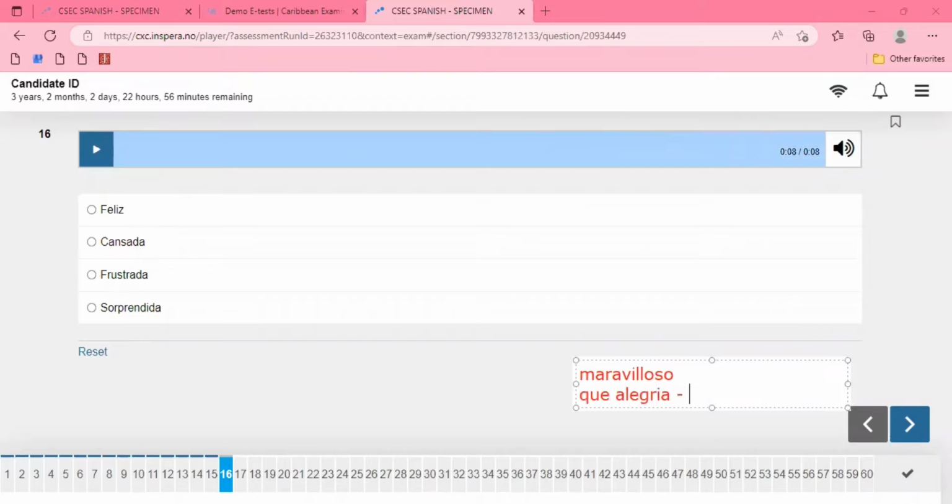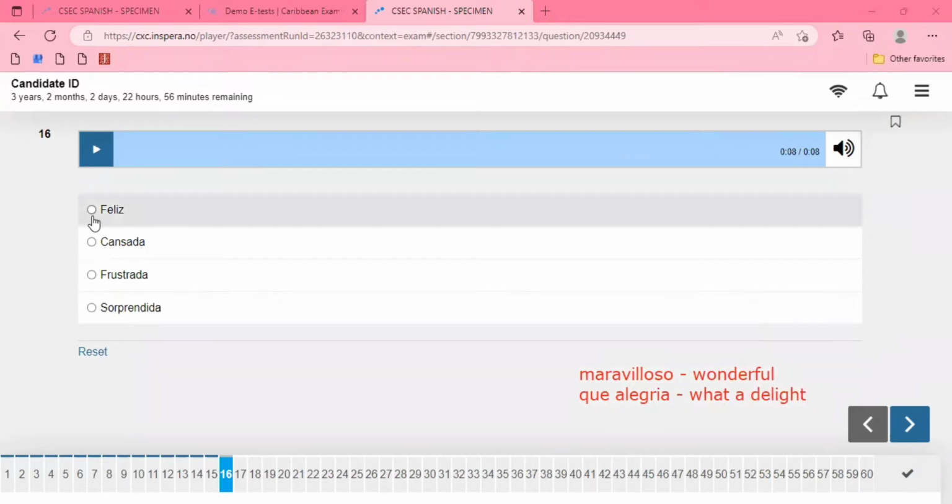All right. So someone is describing how their day went, and they used the word maravilloso. At the end, they said qué alegría, which would have been our keywords. So if someone is saying, oh, how wonderful, or this day was a wonderful day, what a delight, then this person is likely to be feeling happy.